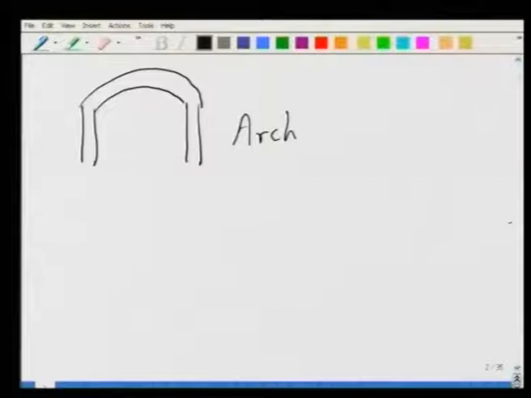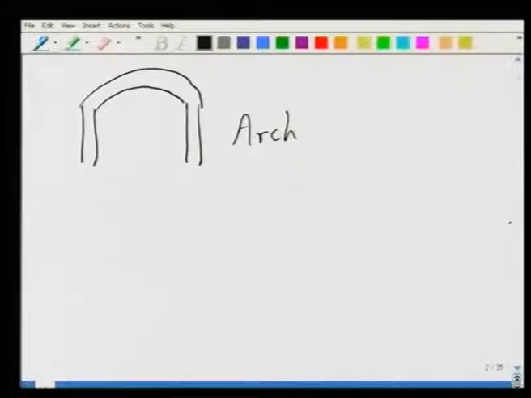Now, if I tell you that I like an arch, I would like to have an arch in my house, and if you are an architect, you will say, would you like a wooden arch or a stone arch or a metal arch or something of that sort. But then I would tell you that does not matter to me, I just like an arch, because I like the shape of an arch, and this again is an abstraction.